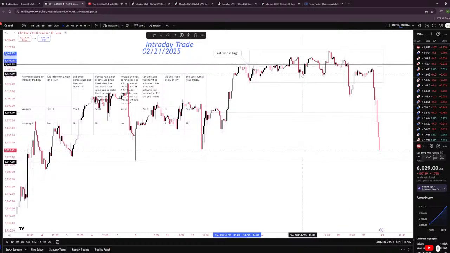All right, so our structure point, this is a higher low, this is a higher high, this is a higher low, this is a higher high, this is a lower low. So price broke structure when it broke our last higher low, which was here.